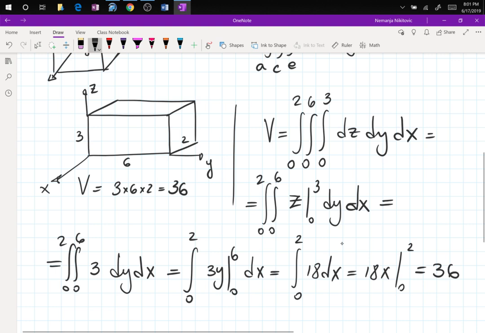Now, the cases that we are interested in are the cases that actually have functions in the limits, because those are the general shapes. Now, you do have an egg problem for your project, and hopefully you boiled an egg and then you cut it in half through, right, put it on a paper, transferred it onto a square grid, and did some points fitting and so on to find equations.